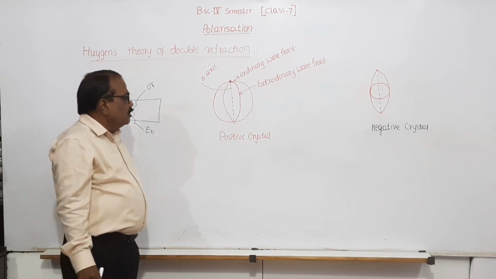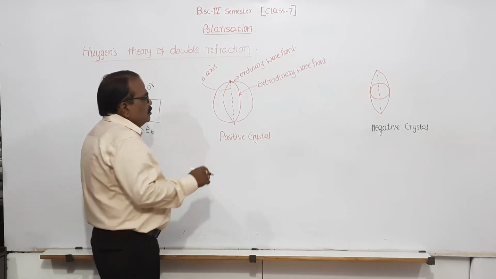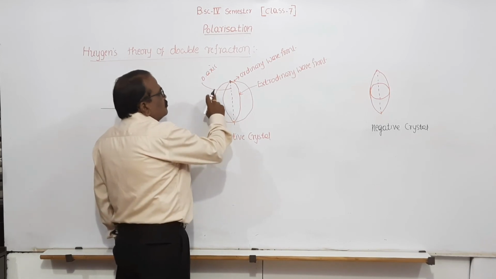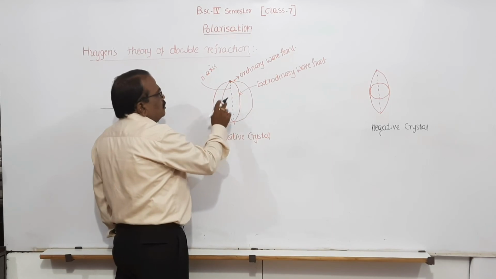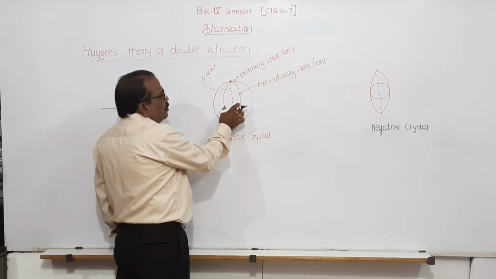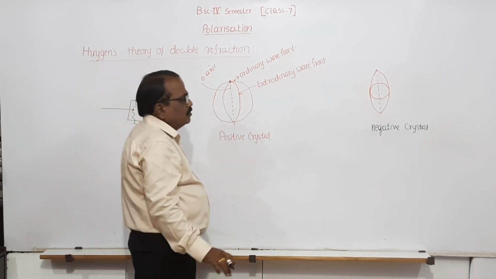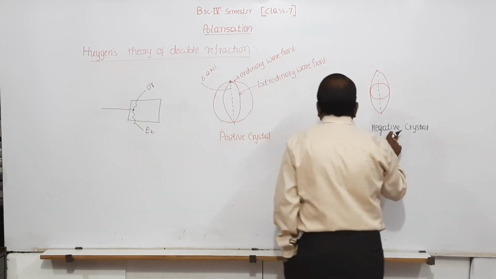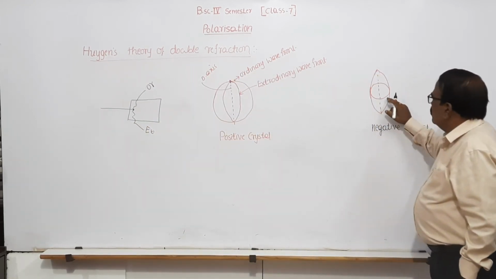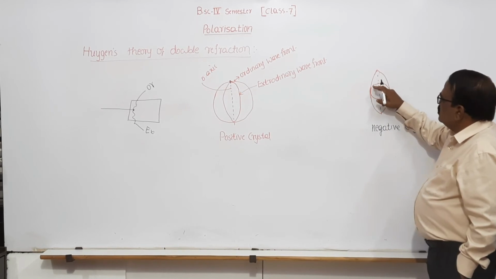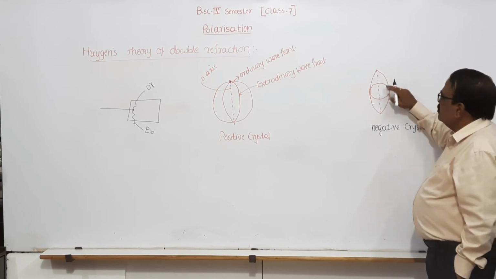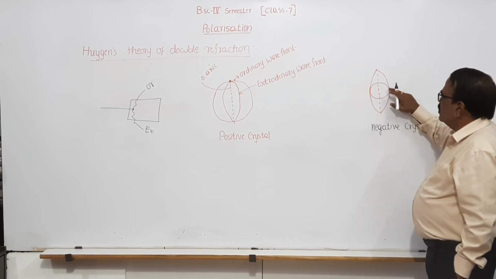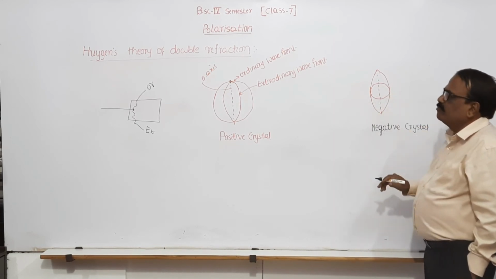In the case of a positive crystal, the ordinary wavefront lies outside the extraordinary wavefront. In the case of a negative crystal, it is different. Inside this ellipsoid, or inside the extraordinary wavefront, the ordinary wavefront lies as a circle.